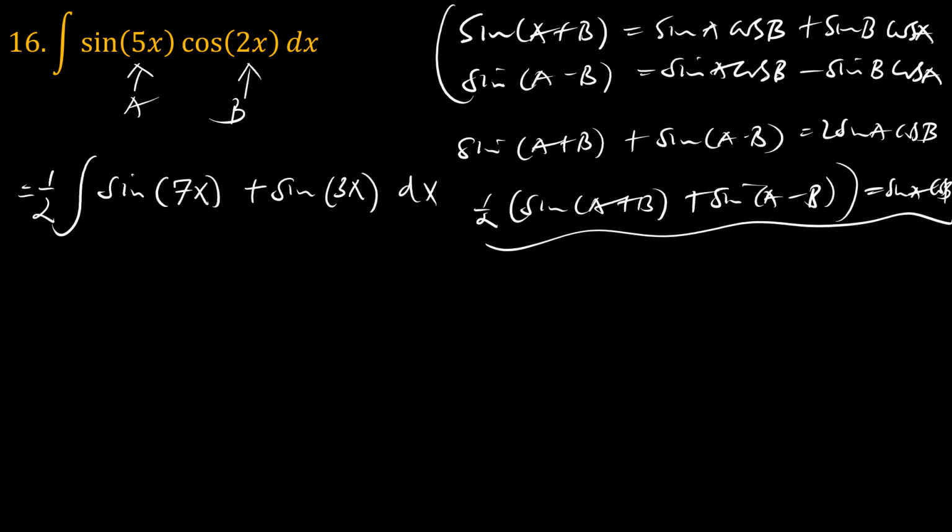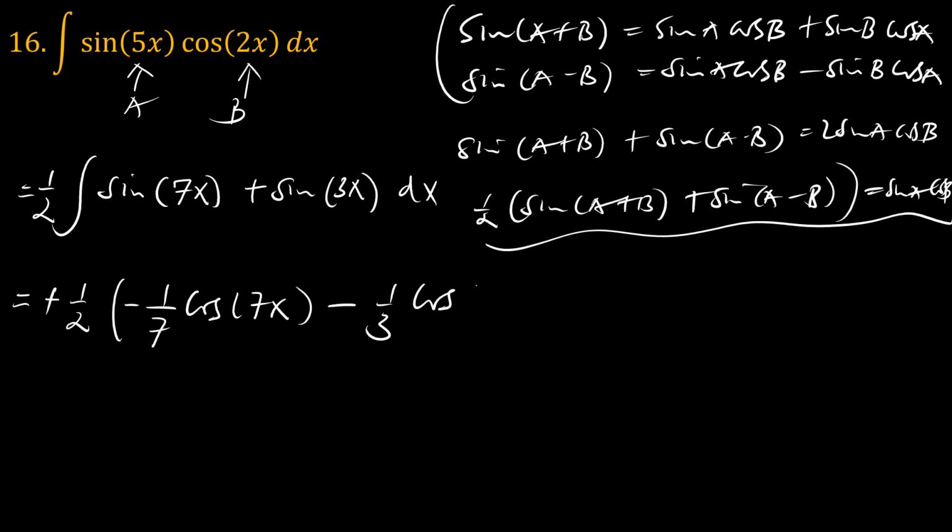So this means that I can now integrate these two: negative 1 over 7 cosine of 7x minus 1 over 3 cosine of 3x plus c. So we could pull the negative out.